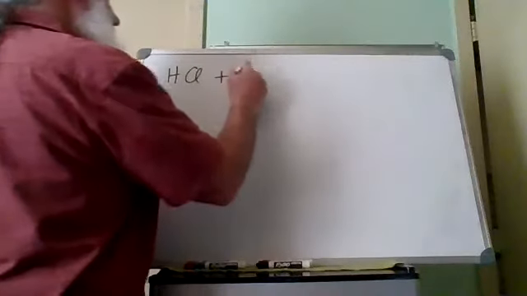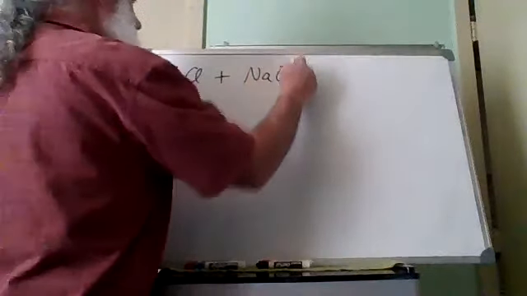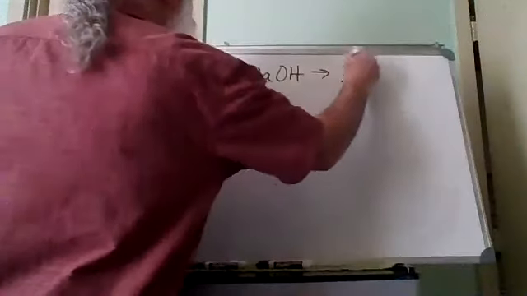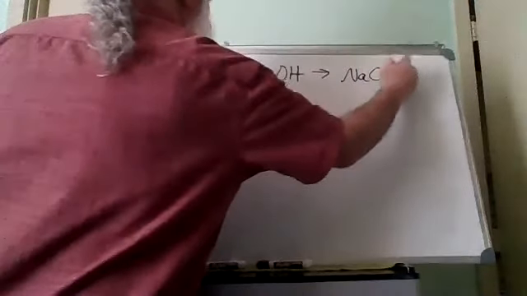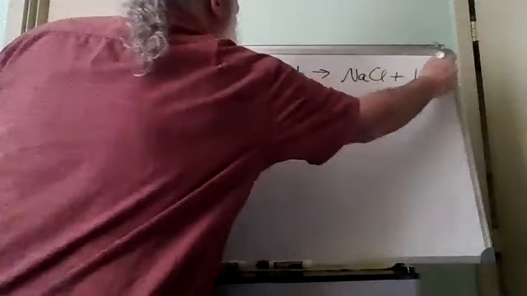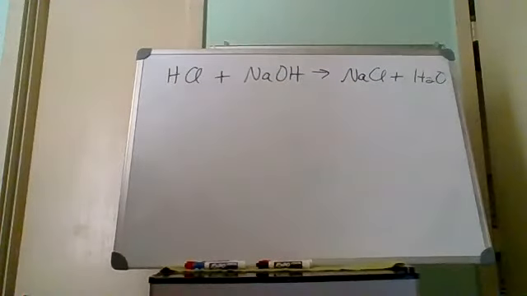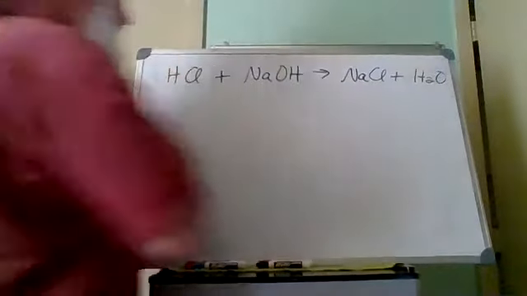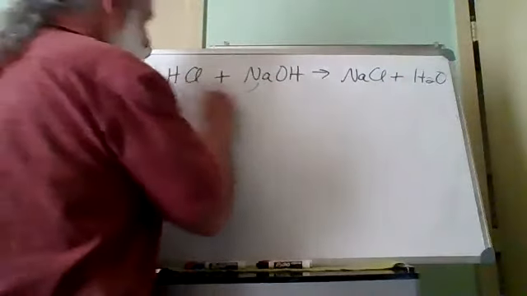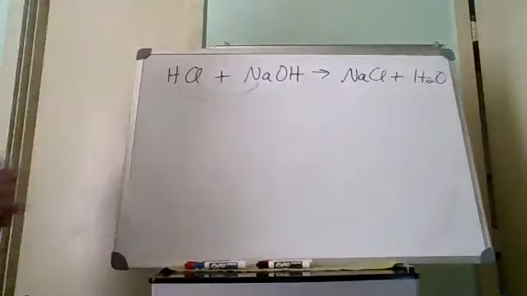So let's have at this. Okay. Now, I mentioned that this was a special case of a double substitution reaction, so I should be able to draw an inner arc and an outer arc.